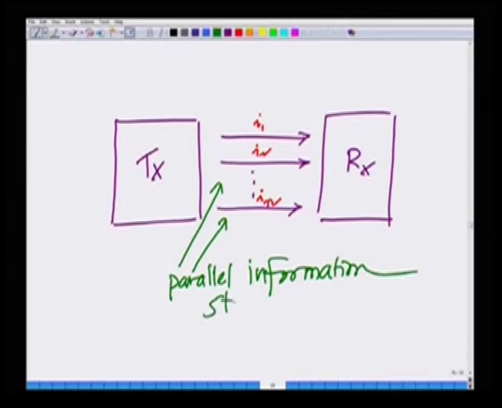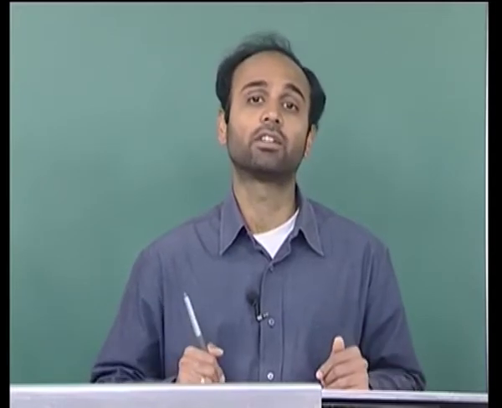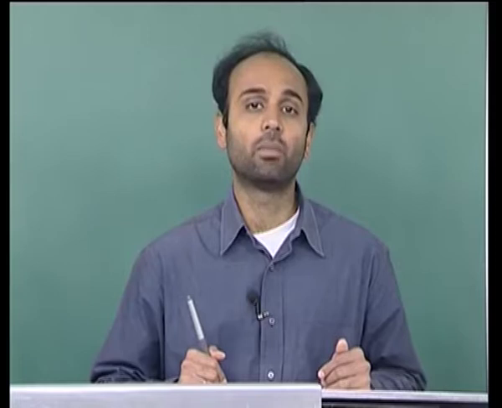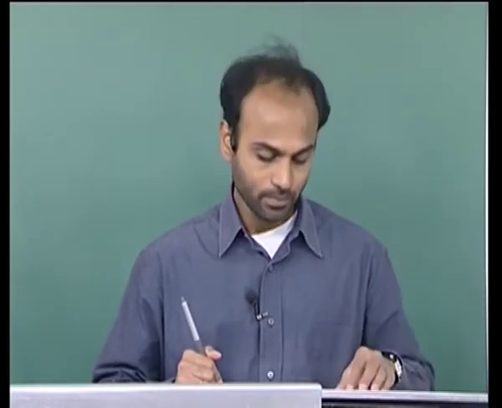These are the parallel information streams that we are transmitting. This is a schematic. We are going to see the exact technique as we proceed through this topic, how it is possible to transmit multiple independent information streams from the transmitter to receiver in a MIMO system, and that is a very unique aspect and a very big advantage of MIMO, or a multiple input, multiple output wireless communication system.